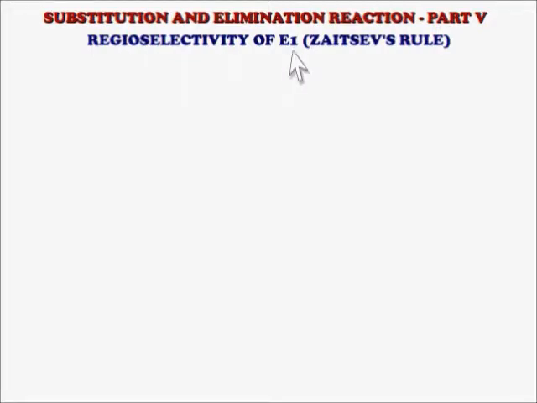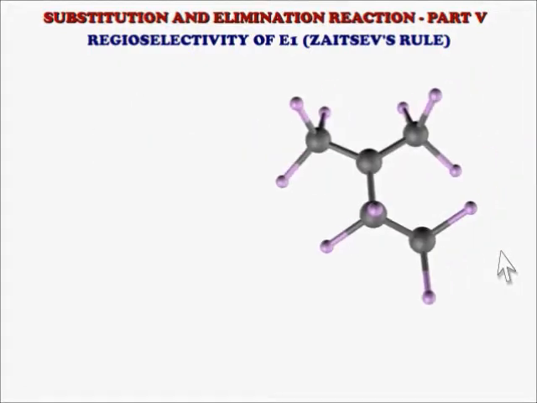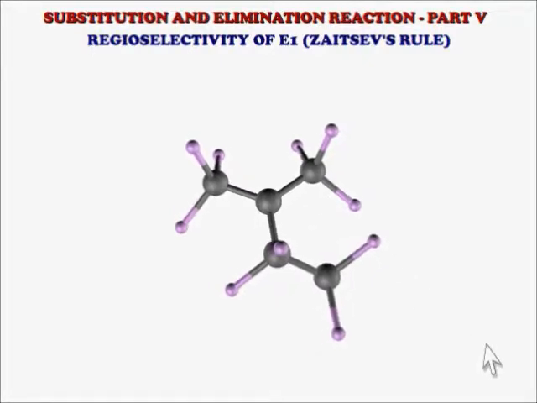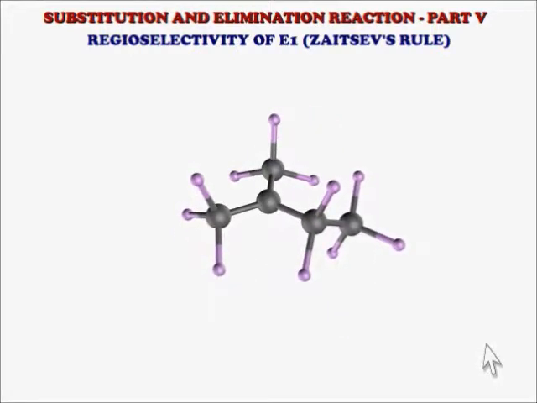Regioselectivity of E1. Consider this, which forms a tertiary carbocation in the first step. Now here there are 3 beta carbons. All 3 beta carbons have hydrogen bonded and so are capable of interacting with base. When hydrogen from these 2 beta carbons interacts with the base, we get a disubstituted alkene as the product.